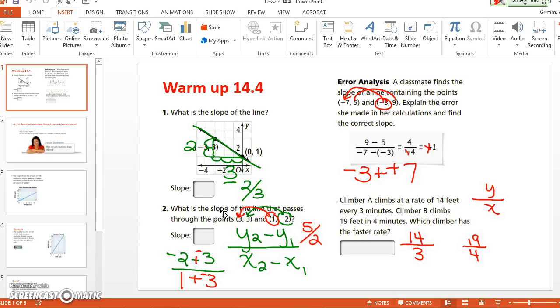You could, sure. Yeah, you could do that too, right? I mean, you could find a common denominator. The common denominator here would be 12, and then multiply the numerators and see which one's bigger. I mean, just different strategies. There's always different ways to do things. I just want you guys to think about that.